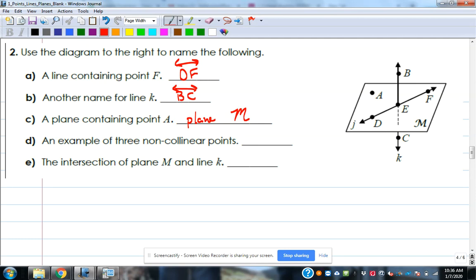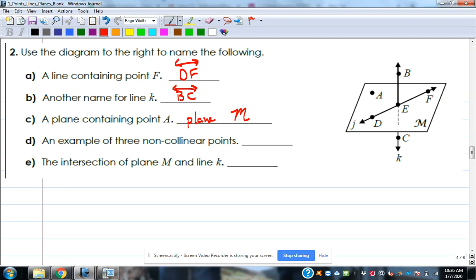B and C, because they are non-coplanar there, because they're representing above the plane and below the plane. So you can't use B and C. But any combination of 3 of the other 4 letters in the picture, you can use to name that plane. If they've got the script letter in the corner, that's the easiest way. But remember, you can name it by using 3 of the points on that plane.